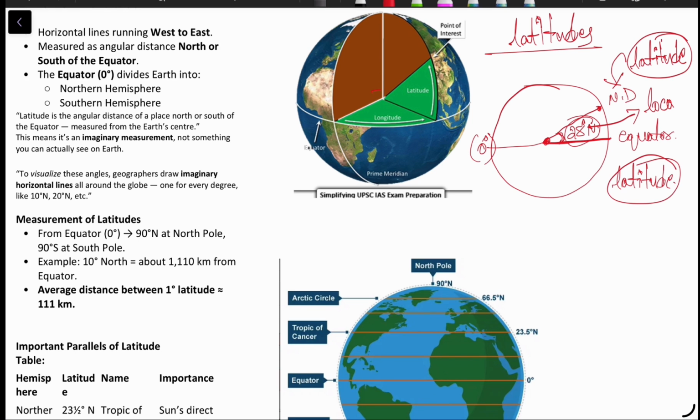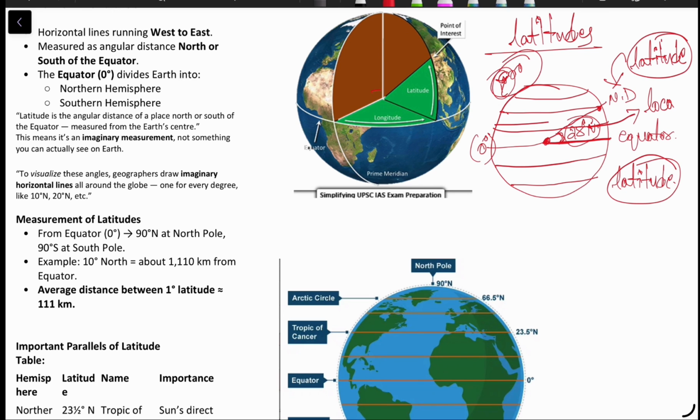To make it easy, scientists have drawn different horizontal lines on the globe, calling them latitudes, each representing 1 degree. Each latitude represents 1 degree from 0 degrees to 90 degrees.